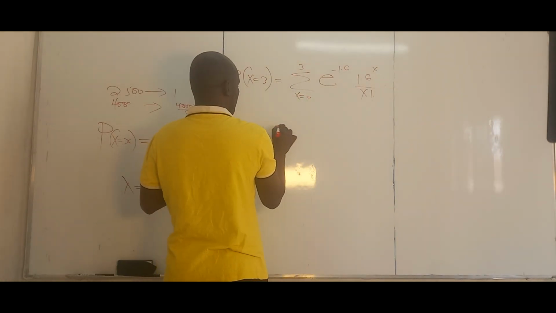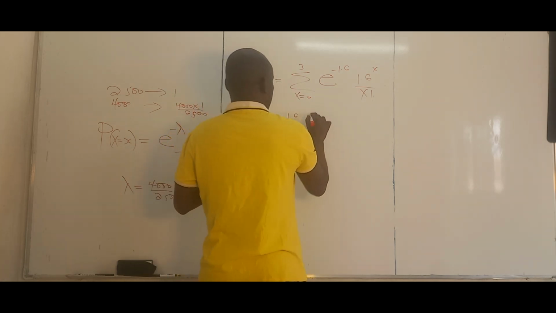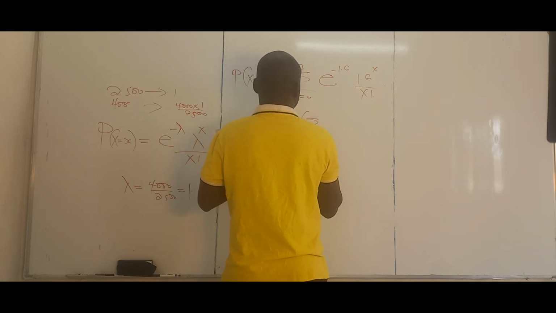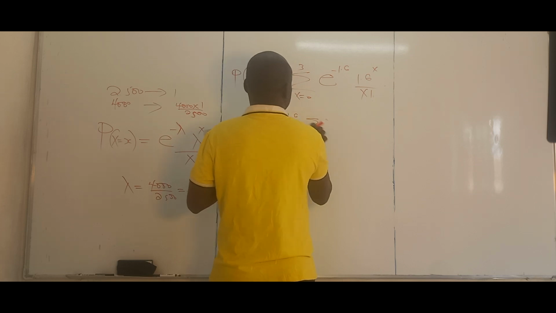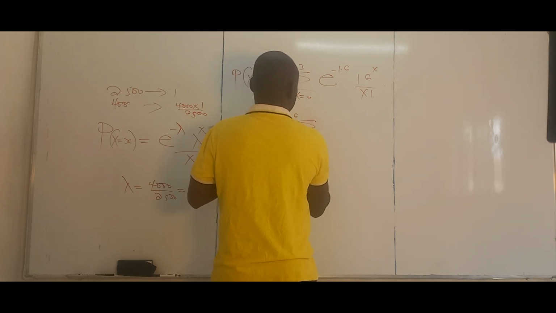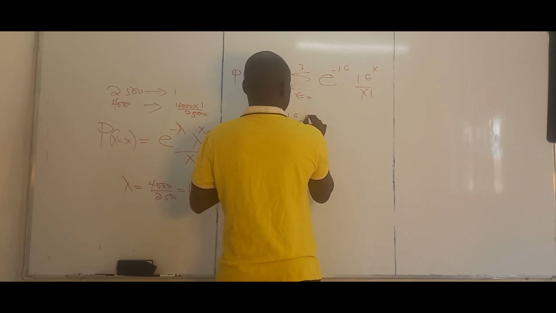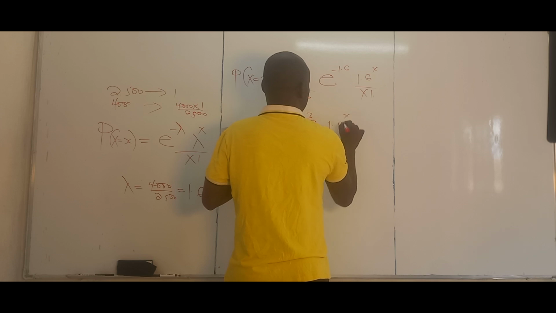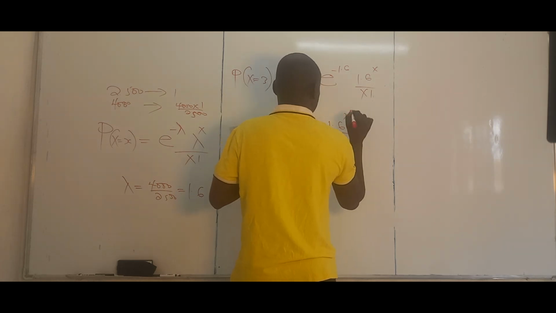I have the summation from x is 0 to x is 3 of 1.6 raised to power x over x factorial.